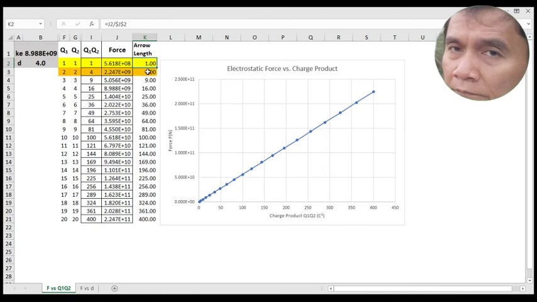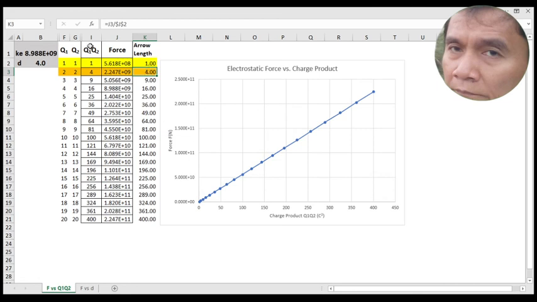So, the question earlier was, if you change 1 to 2, same charges, what is the effect on the force? The force is multiplied 4 times. If you double both charges, 4 times.